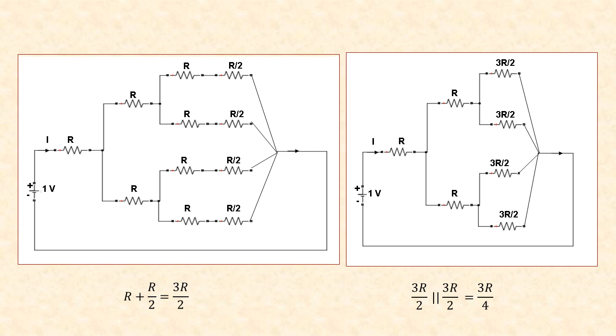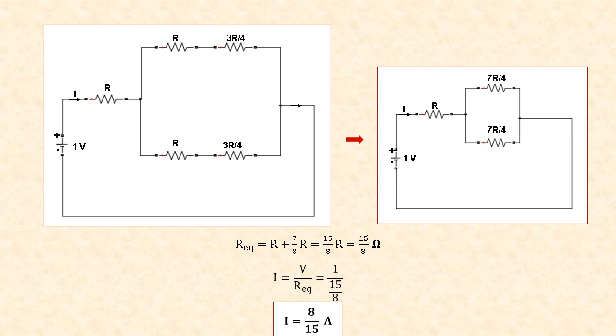We know that if two resistors of equal value are in parallel, their equivalent resistance will be half of that. So 3R by 2 parallel 3R by 2 is equal to 3R by 4. Replacing the parallel resistances 3R by 2 by their equivalent 3R by 4, we have the following circuit.